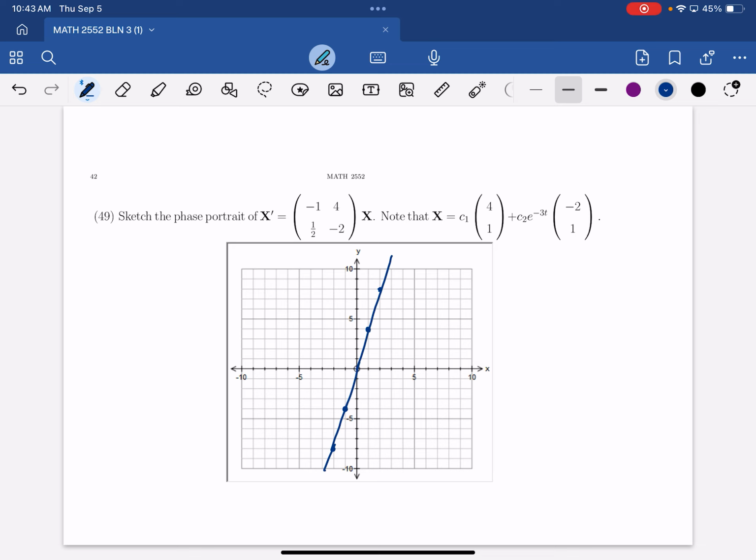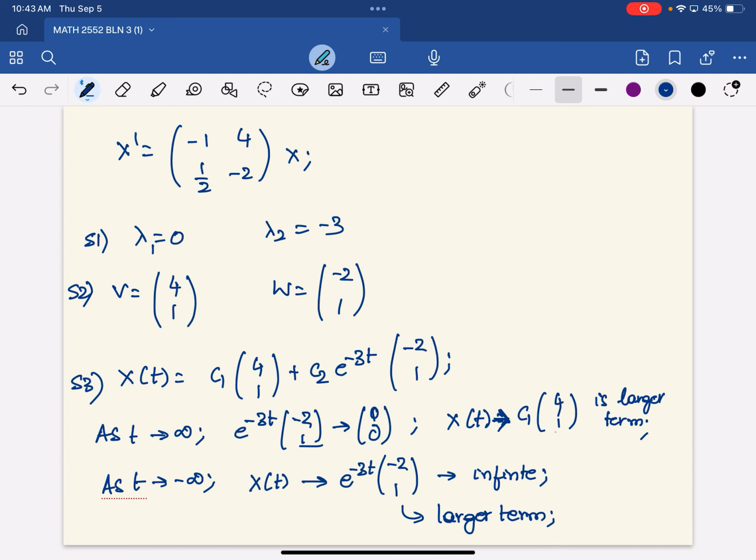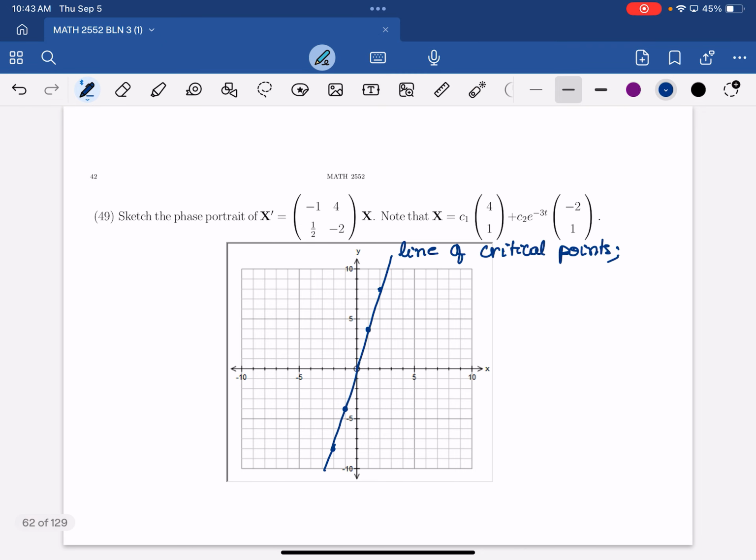Now, as t goes to infinity, everything is going to the line of critical points, either this way or that way. Clear?